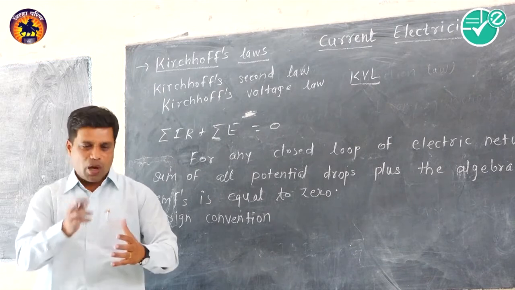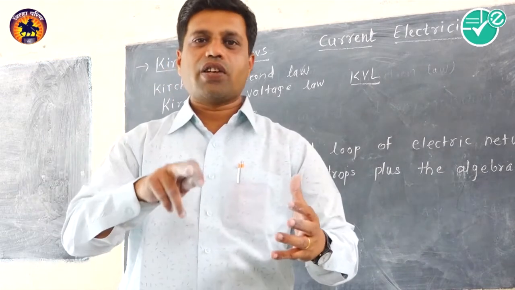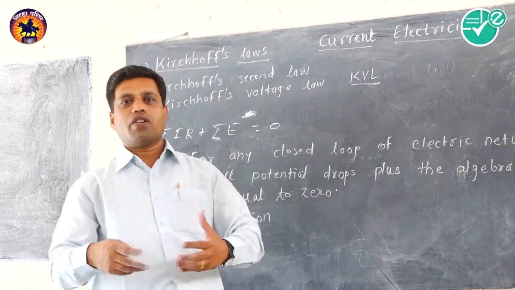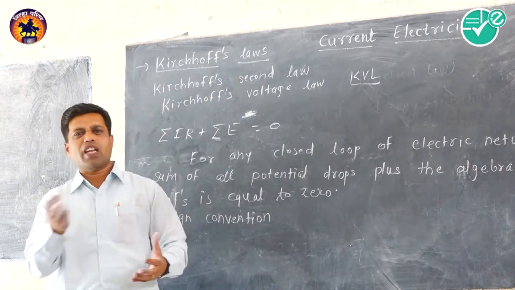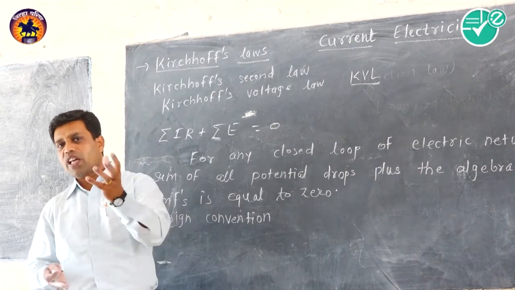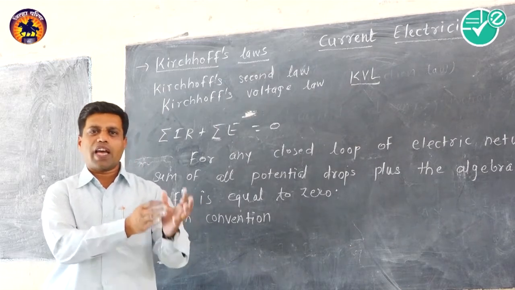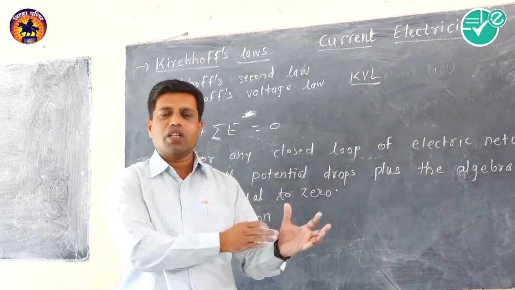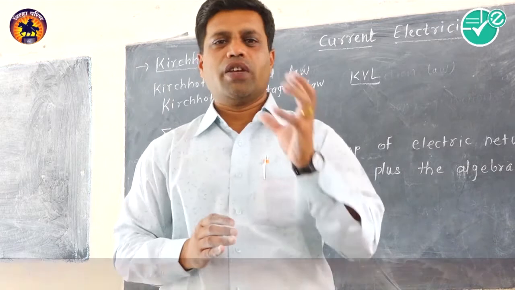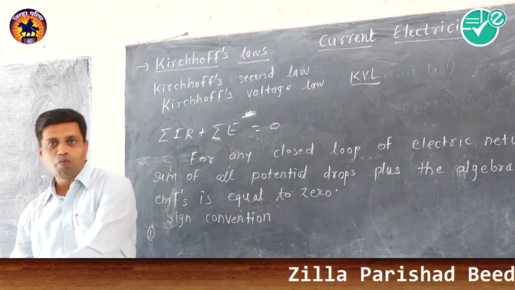If you are moving in an anti-clockwise sense, and some current is moving in a clockwise direction, that current you have to take as positive. Means if the direction of tracing of the loop and the direction of current flow are the same, then that current will be taken as negative, or otherwise you have to take it as positive.